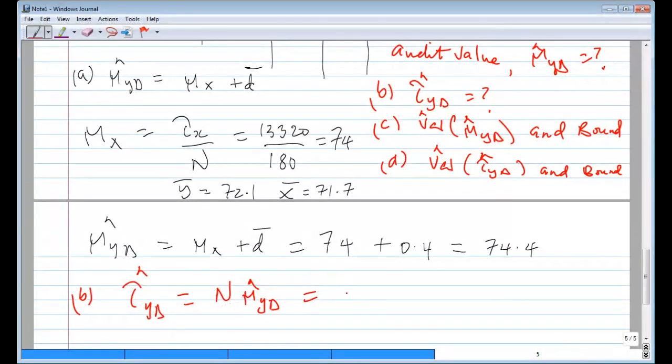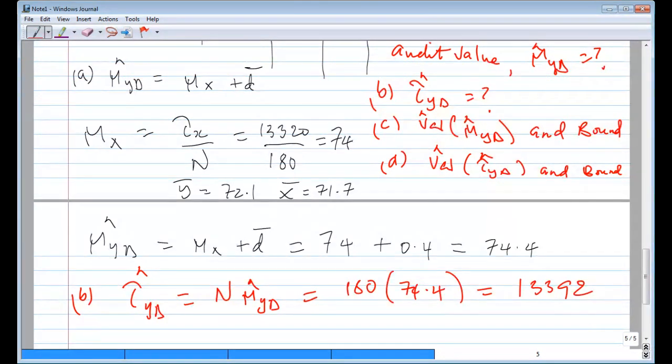The population size, you know that is 180. Then you multiply by 74.4. Then give us the answer. 13392. Okay, that's it.